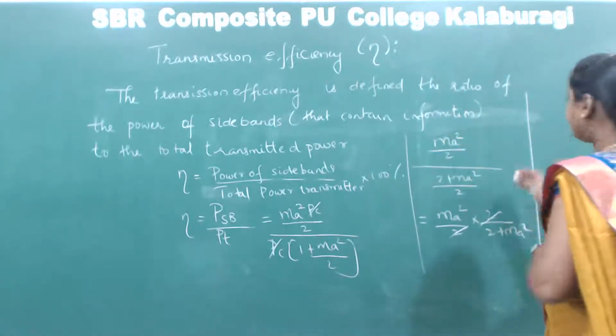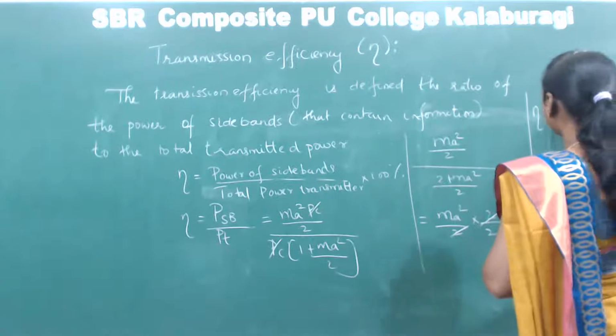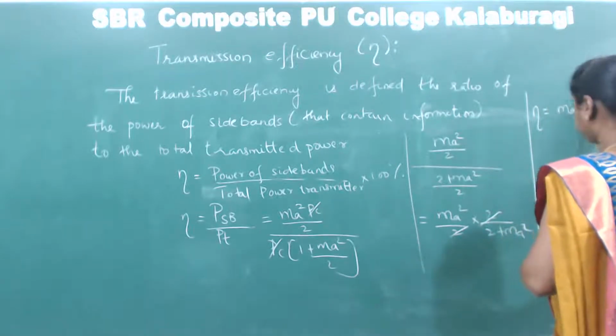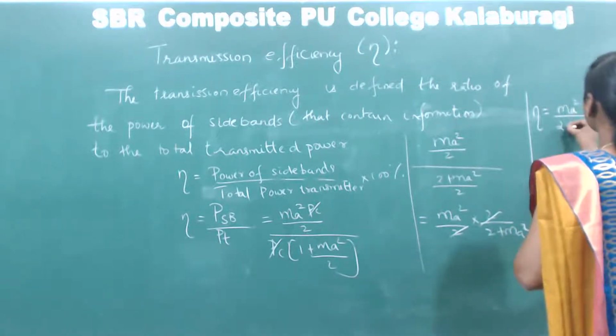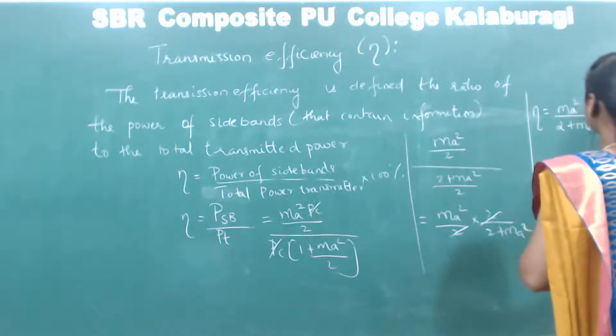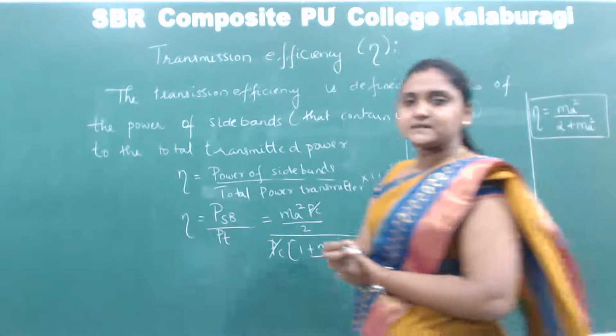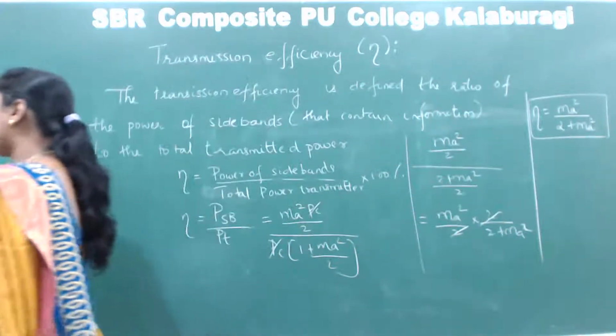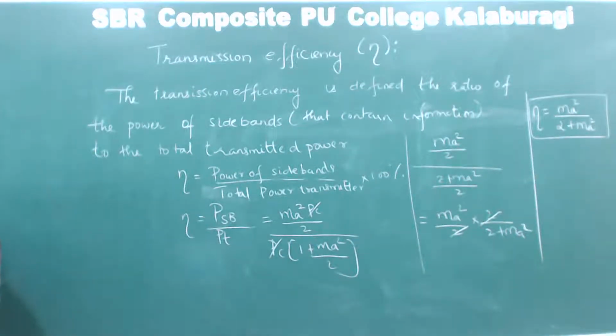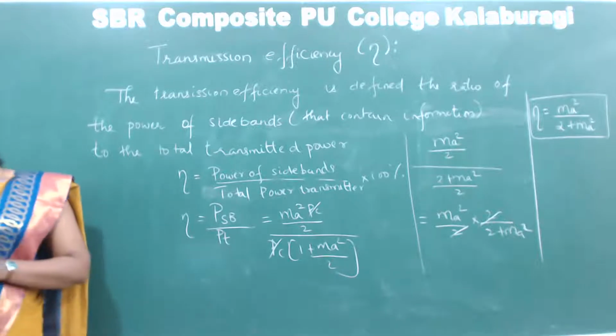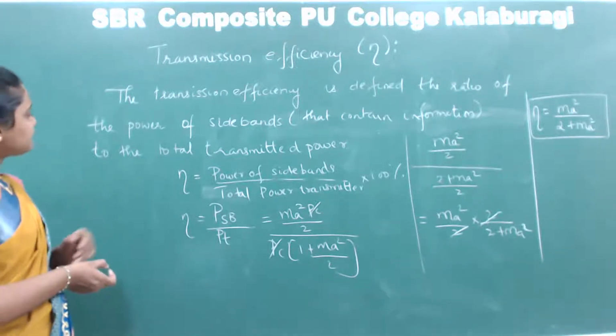Okay, and finally the efficiency can be written as MA square by 2 plus MA square. So this is about the efficiency.